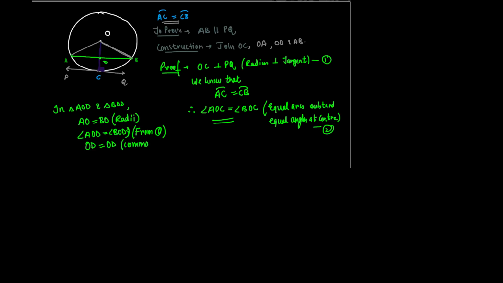Right? So we got these. So we got this angle equal to this angle. We got this equal to this. And we got this equal, common. Therefore, I can say triangle AOD is congruent to triangle BOD by SAS congruence.